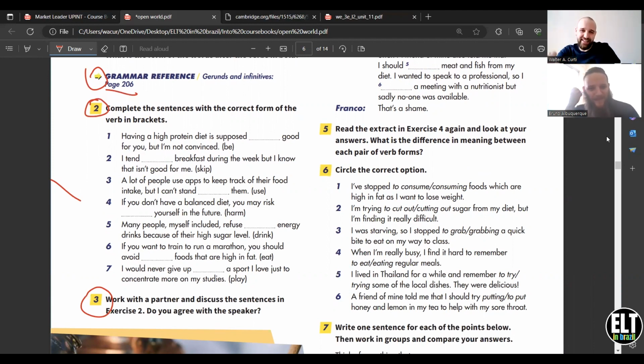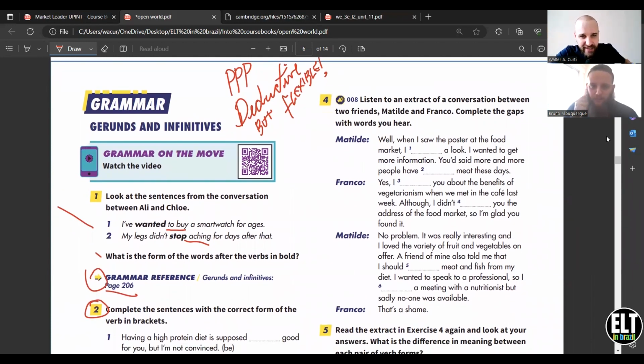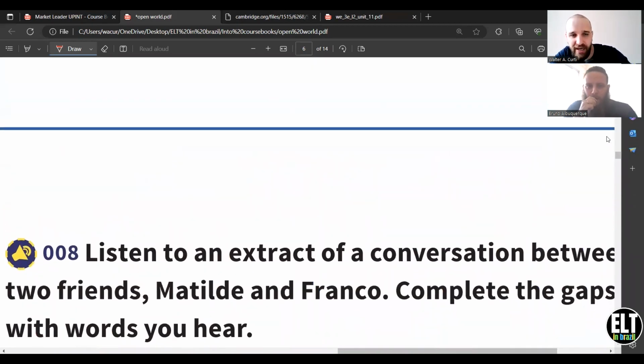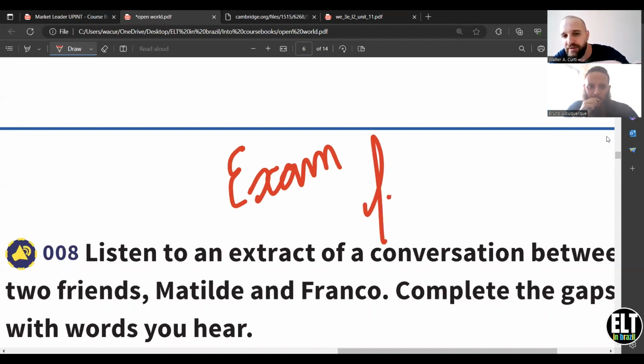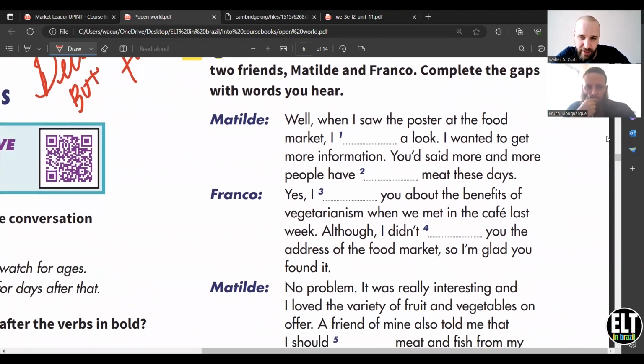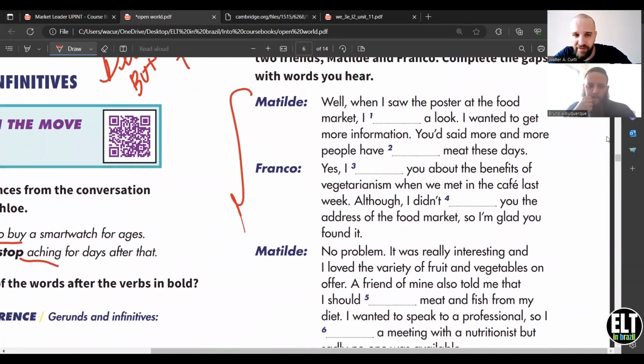Yeah, I love those. Absolutely, and then you see that the cycle repeats itself, right? Because you go in there, they will do a listening exercise, they will complete the gaps. And this is something that we have mentioned. This exam is pretty exam focused. Right. So the thing is, I think if you have students who are preparing for the first exam, you can do something very exam focused with this.